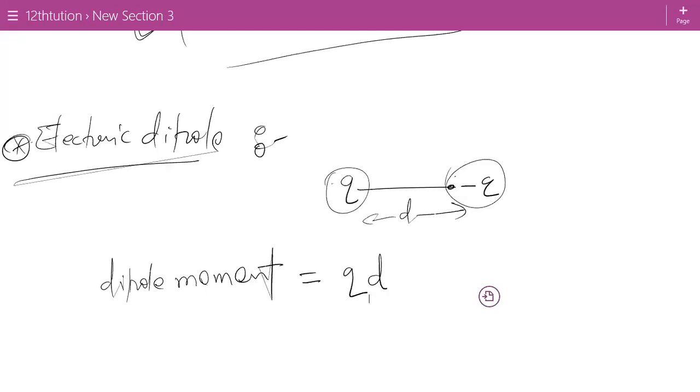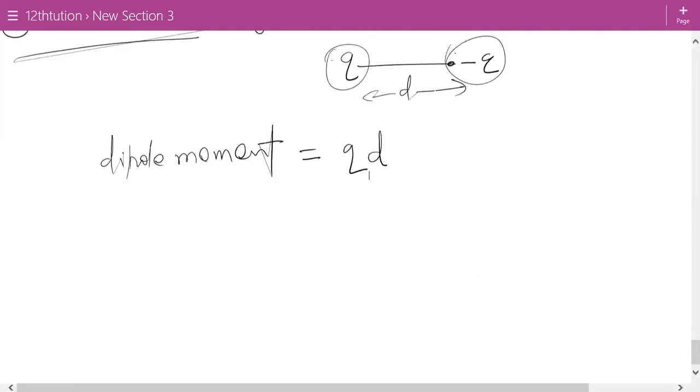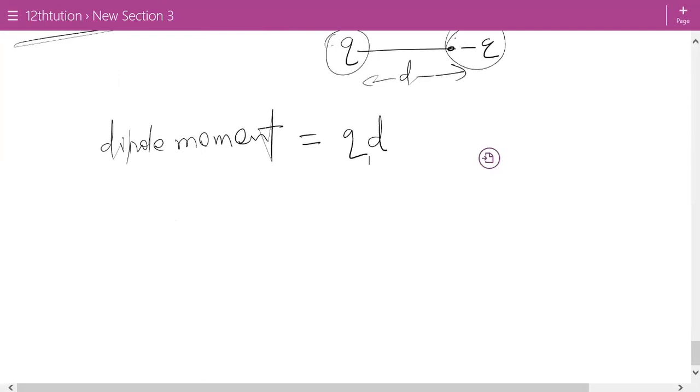You might have seen these dipoles in chemistry also, right? There are dipoles in chemistry because they have opposite charges, so that is a dipole. Dipole moment is a physical quantity that can be written as q, meaning one charge times the distance d.